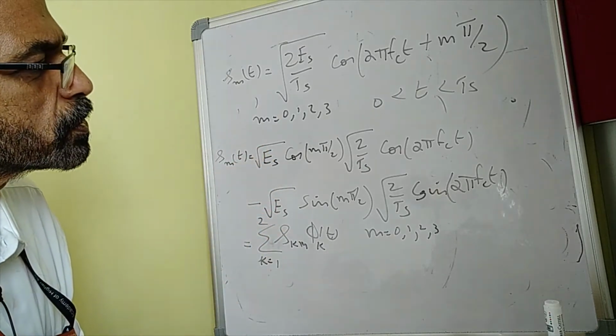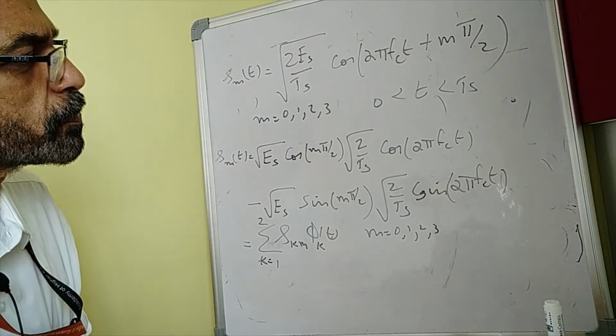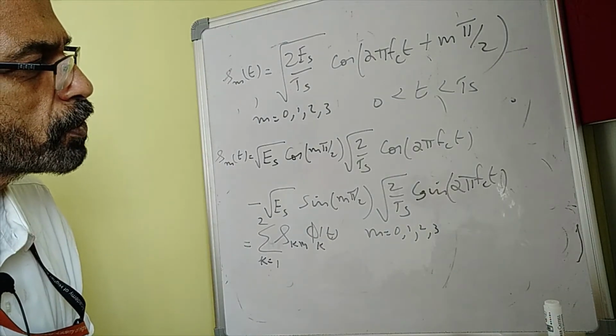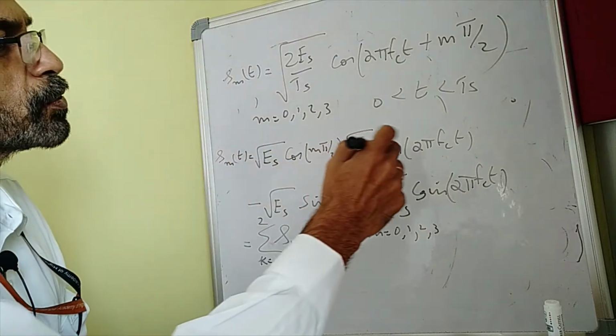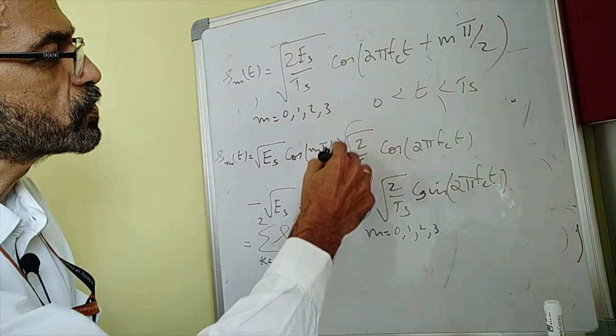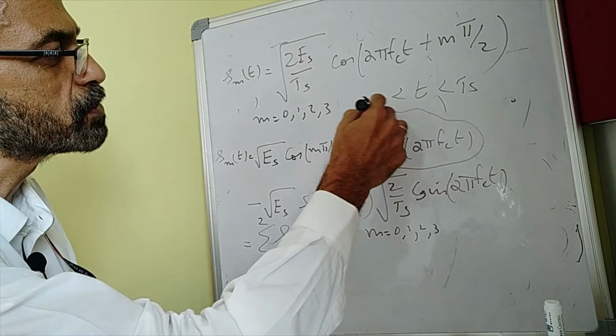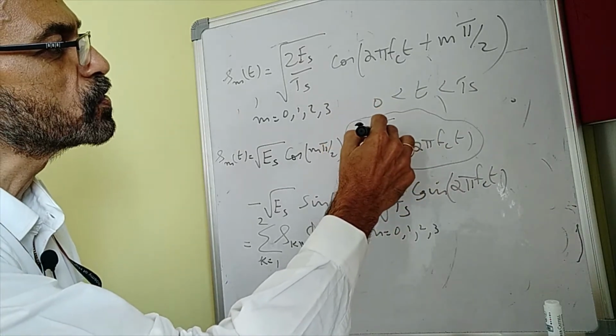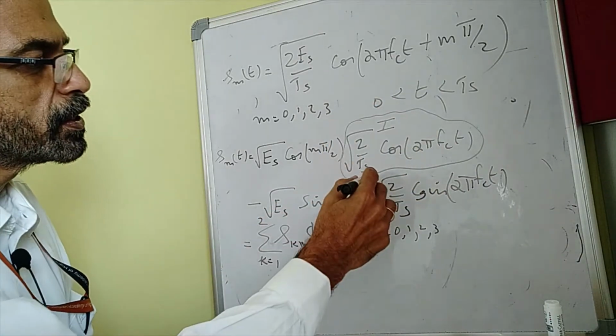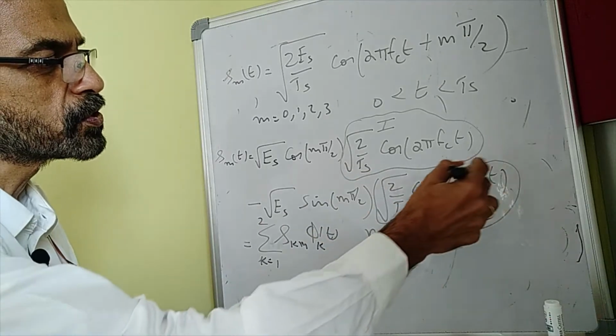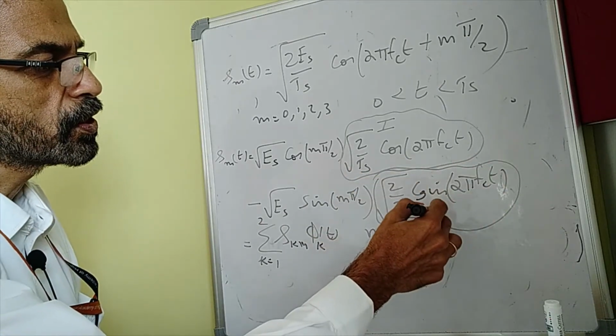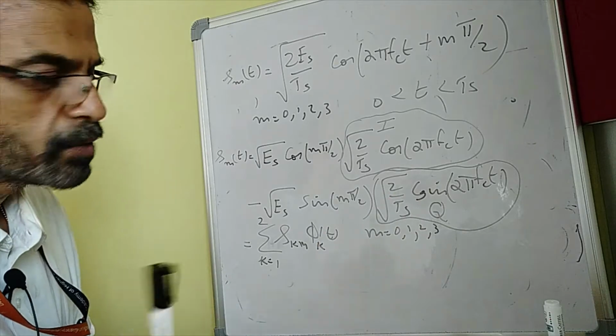And of course, we will recall that at the end of the last video, after solving that example, I told that here onwards we will identify the basis function phi1(t) as the in-phase carrier component, and we will identify phi2(t) as the quadrature phase carrier component.